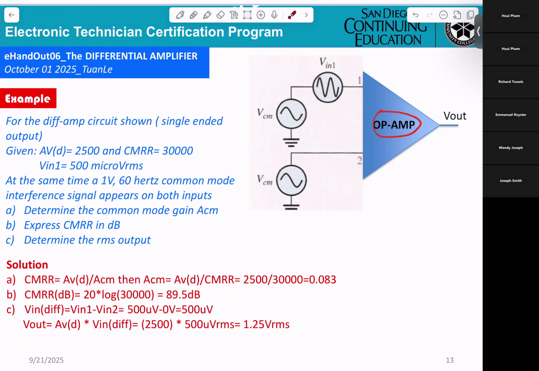That means the gain 2500 times 500 microvolts, you get 1.25 volts RMS. Okay, that's very simple.